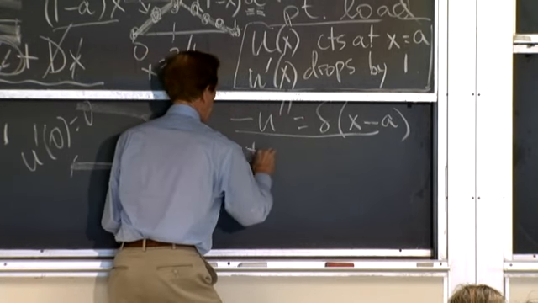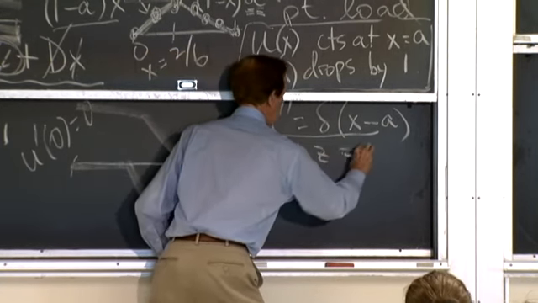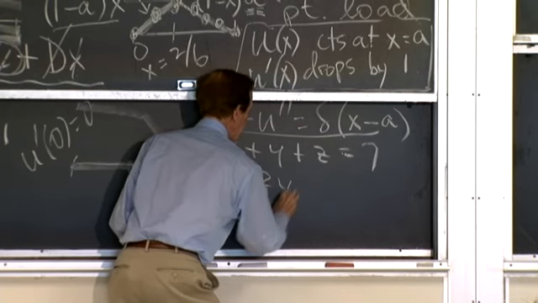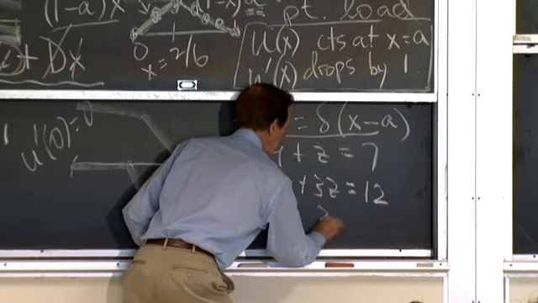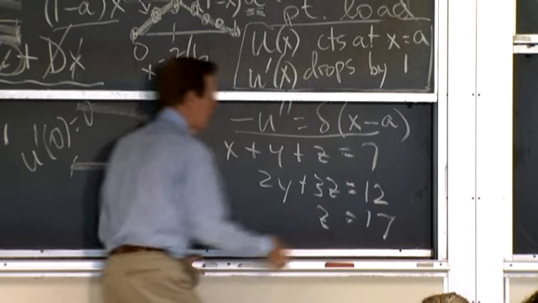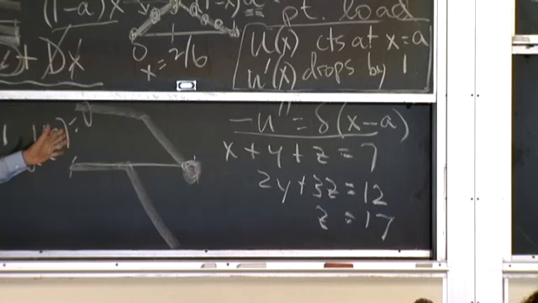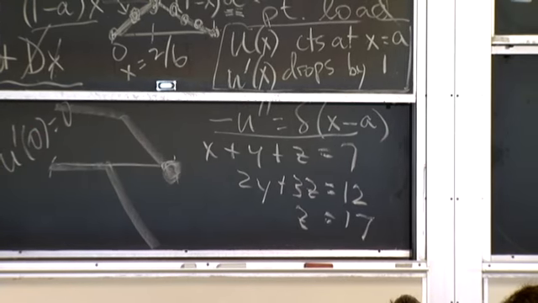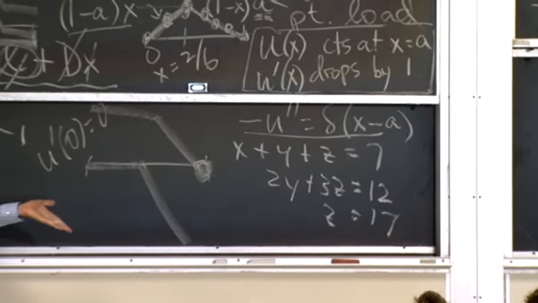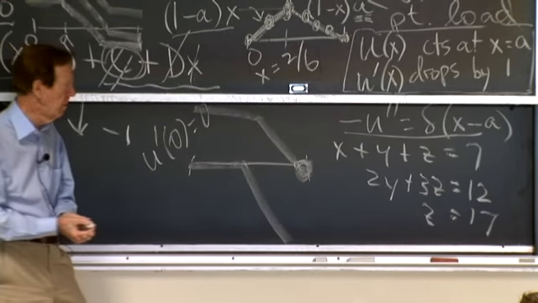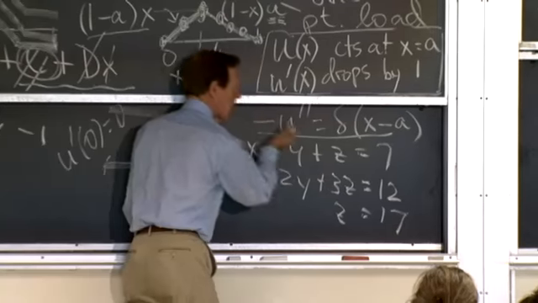So x plus y plus z equals 7, 2y plus 3z equals 12, and z equals 17. So that's upper triangular. Where do we start in solving that one? From the bottom, from the right-hand end, the bottom, and we march backwards.